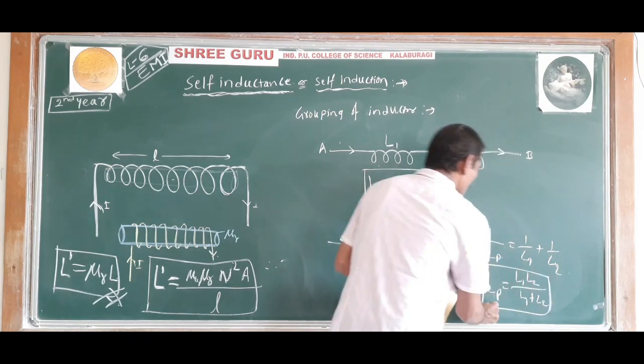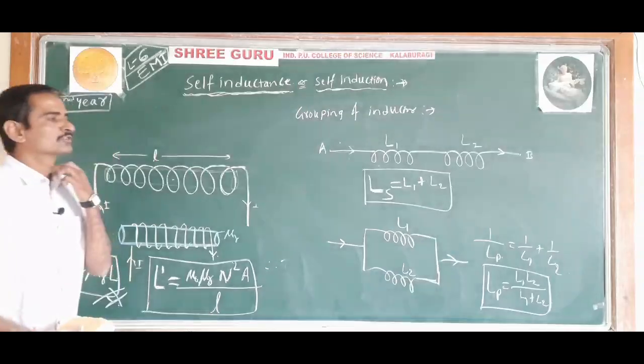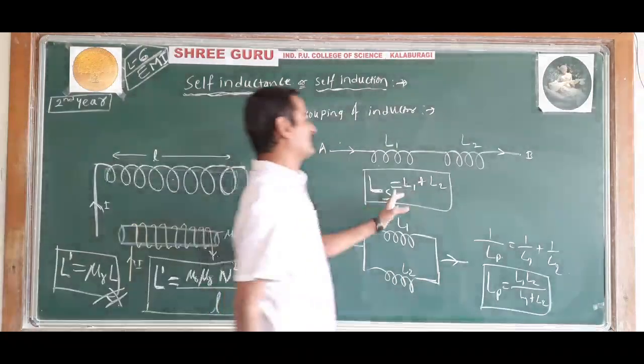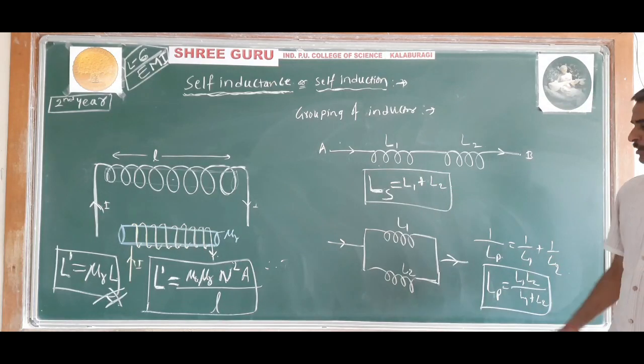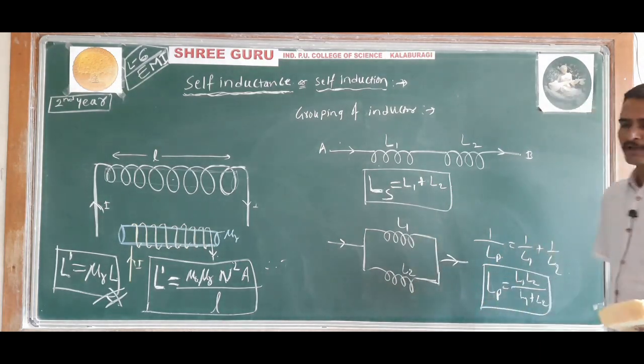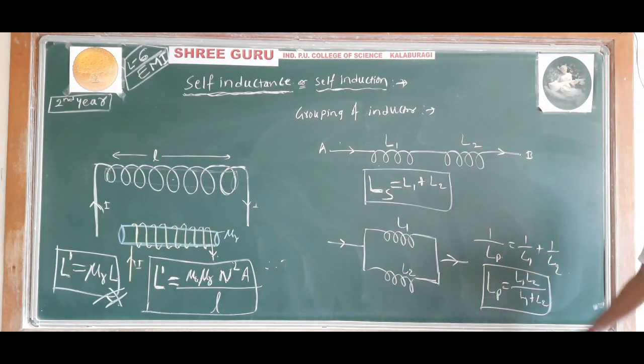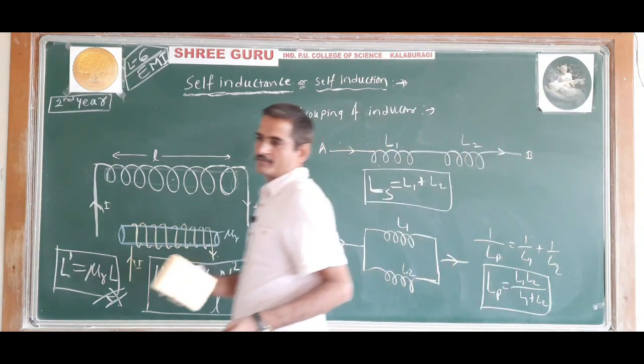So this is grouping of inductors. When connected in series, Ls is equal to L1 plus L2. When connected in parallel, 1 by L is equal to 1 by L1 plus 1 by L2. Understood?